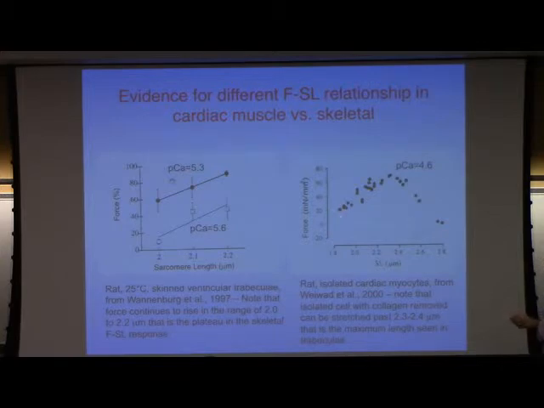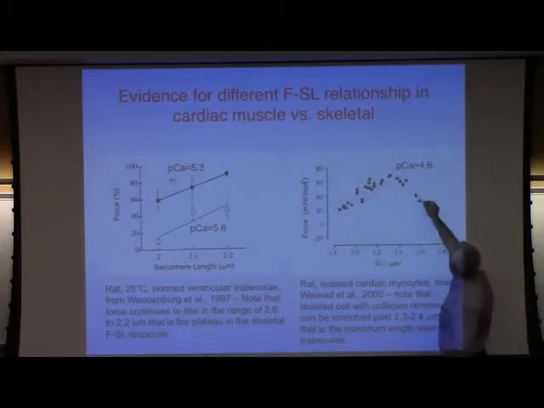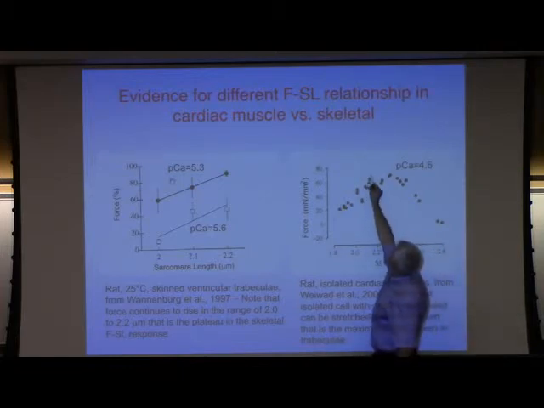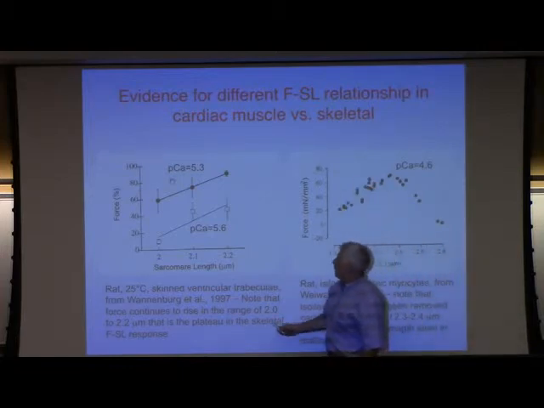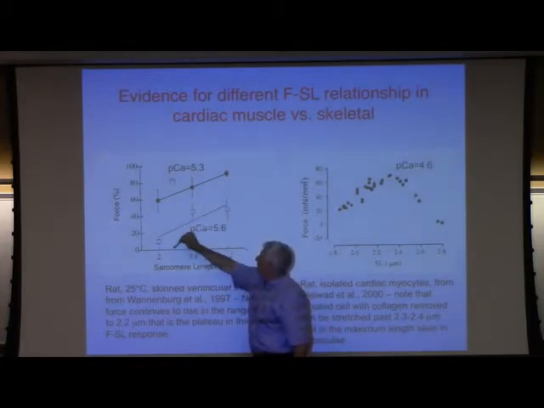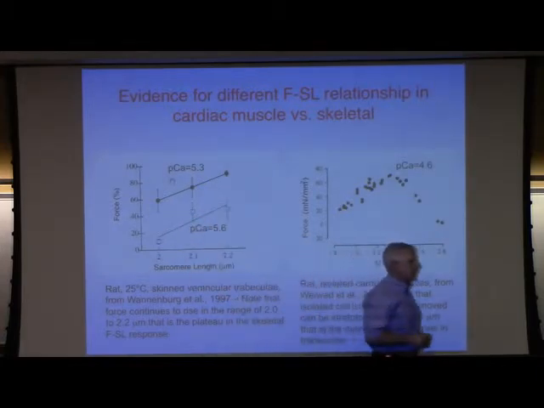So this would be the force-length relationship in cardiac. It grows all the way out to about 2.4 micrometers, and then it comes back down. In skeletal, you hit a plateau about here and it would be flat, whereas cardiac muscle still goes up.